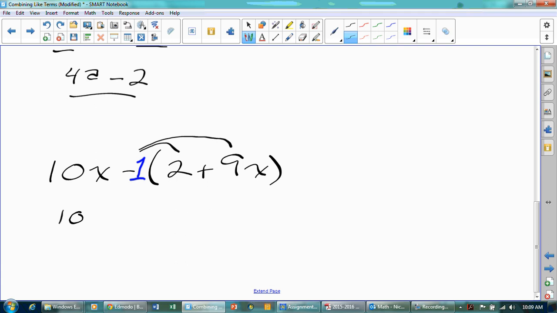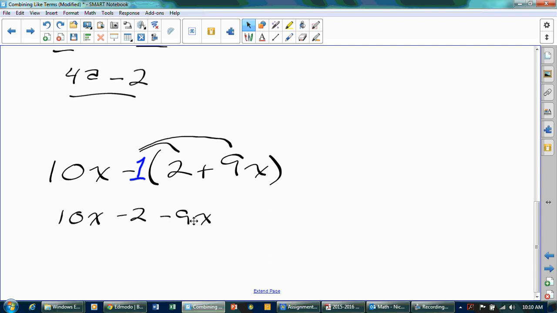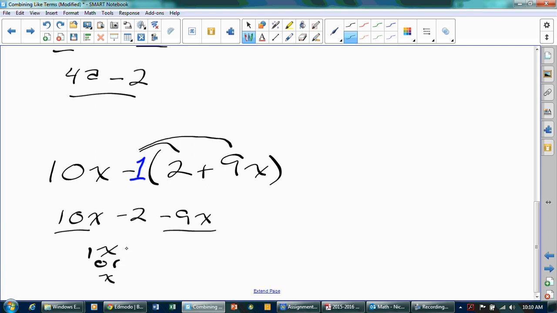So we get 10x minus 2 minus 9x. And then we combine all the terms. So 10x minus 9x is 1x, or x, either way. Bring down the minus 2. And those are all the examples.